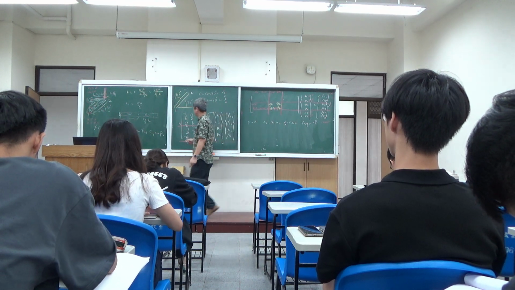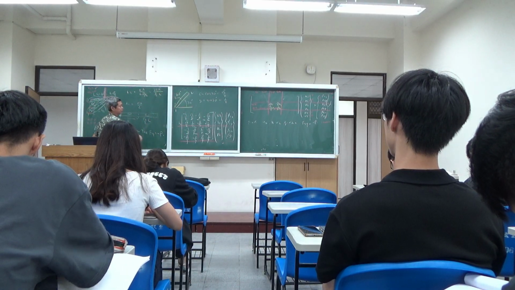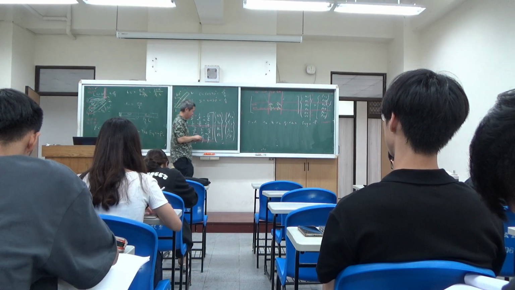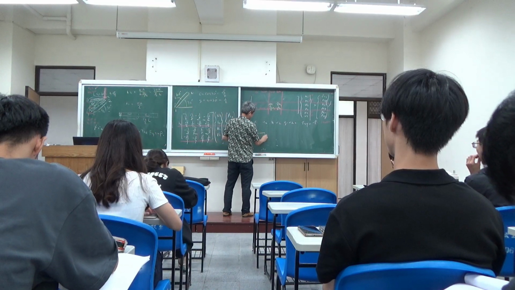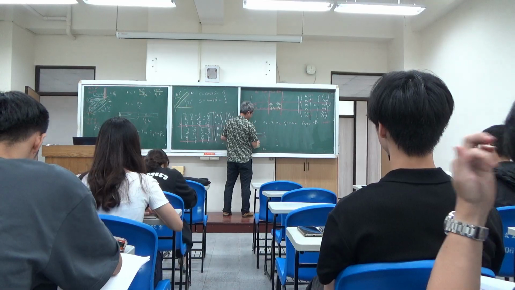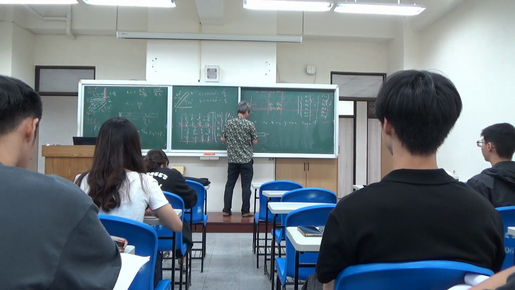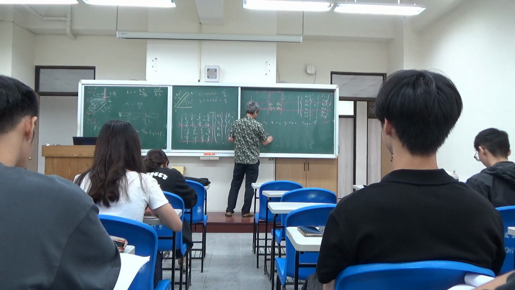Okay, and finally, let's look at the previous first equation. Where do you have these horizontal terms? Okay, where do you have this? U3, U2.